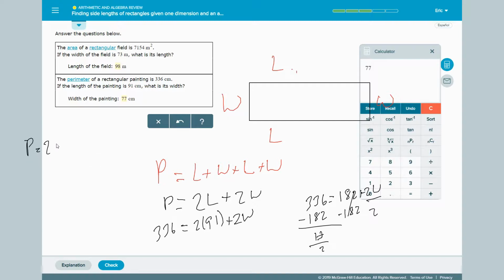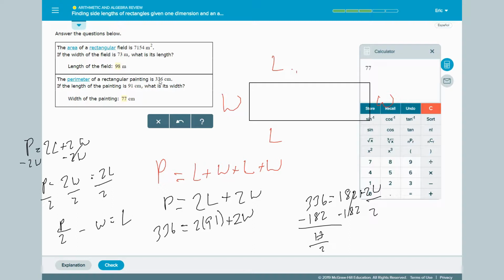Since we know that perimeter is 2 times length plus 2 times width, and we'll be looking for one of these values, if I solve for length, I'd get perimeter minus 2 width equals 2 length. And if I divide by 2, I'd get that half of the perimeter minus the given width equals my length.